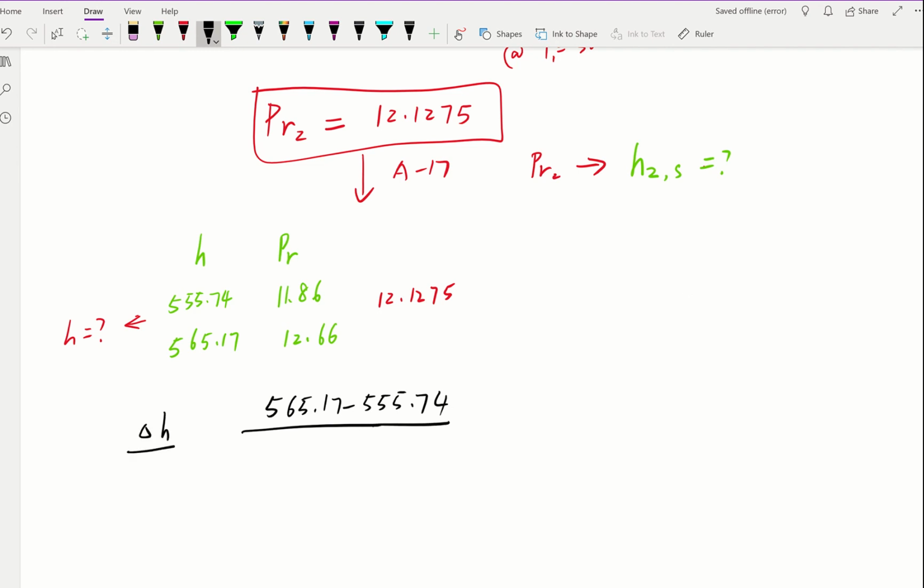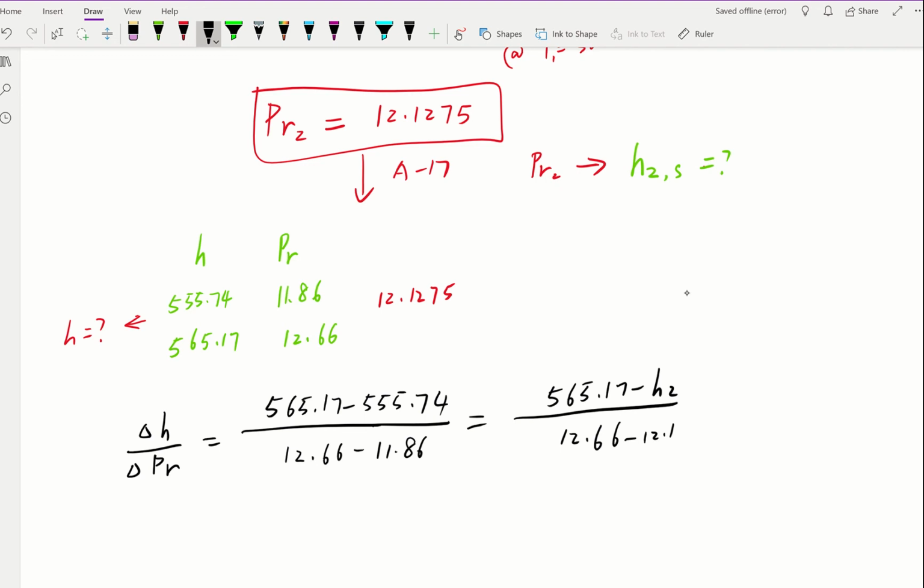So we're doing delta H over delta PR. Then that's going to be 12.66 minus 11.86. That's going to be equal to our delta H here. I'm using 565.17 minus this H2 we're solving, and the corresponding PR values are those two. All right. So then we can find our H2.